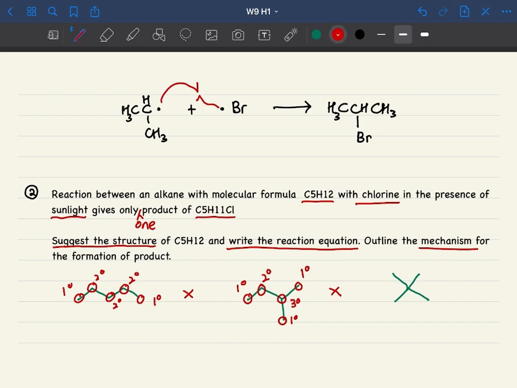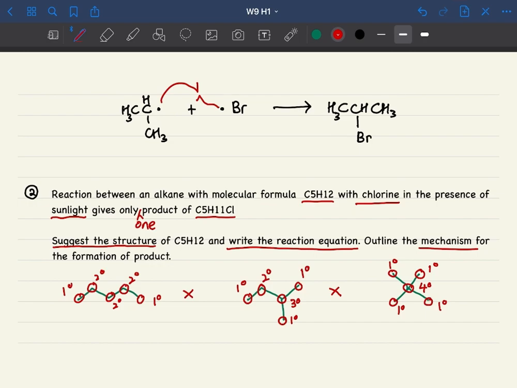So let's look at the classes of carbon. Here we have primary carbon, primary carbon, primary carbon and primary carbon. What about this one? This is quaternary carbon. Even though carbon goes up to quaternary, for substitution reactions they go up to tertiary carbon based on the free radical species.